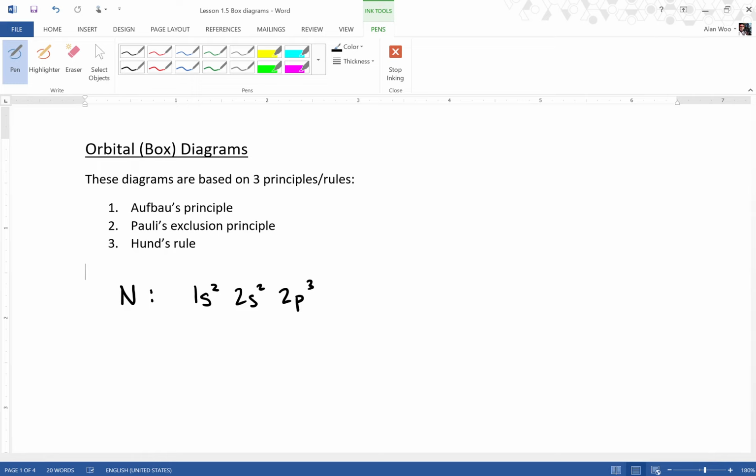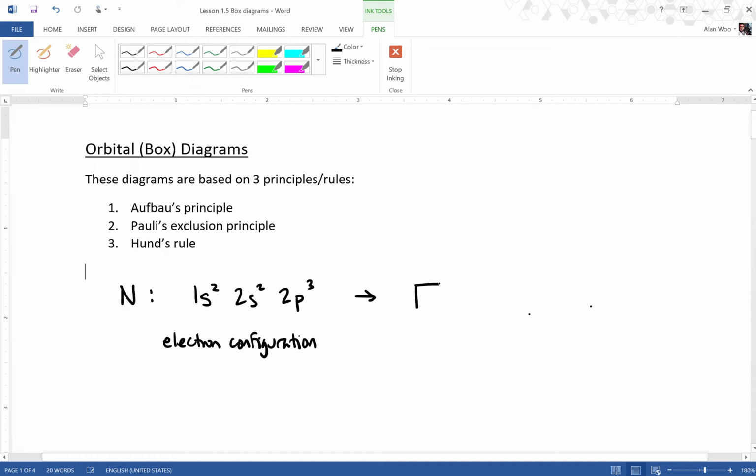Now, the whole idea of the box diagrams is to show how the electrons are filled into these orbitals without drawing something as detailed as a quantum mechanical model. If we understand that this is your electron configuration, an orbital box diagram would look something like this.